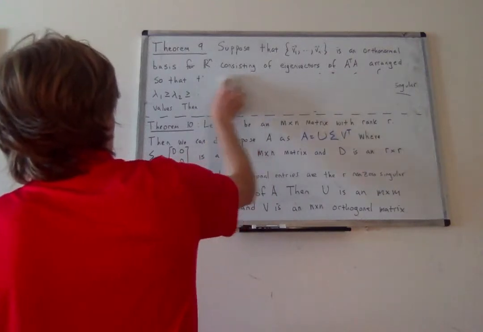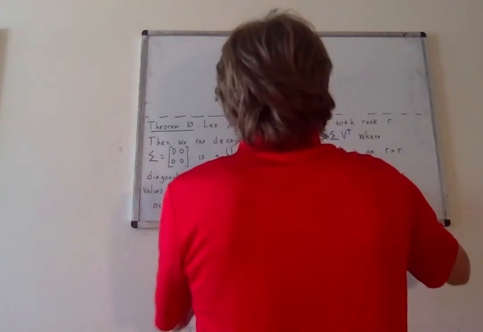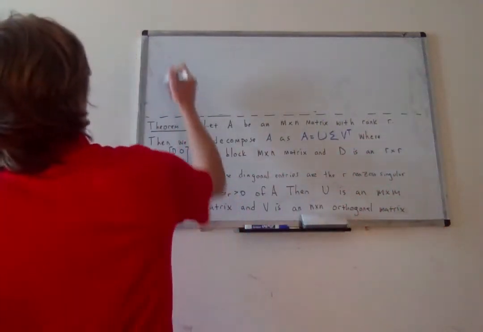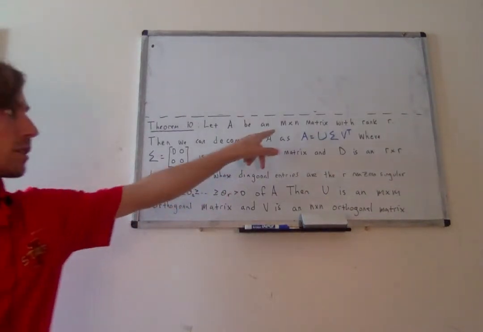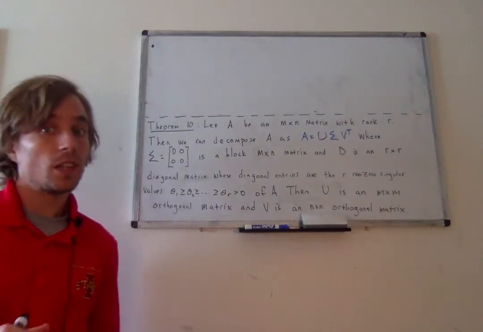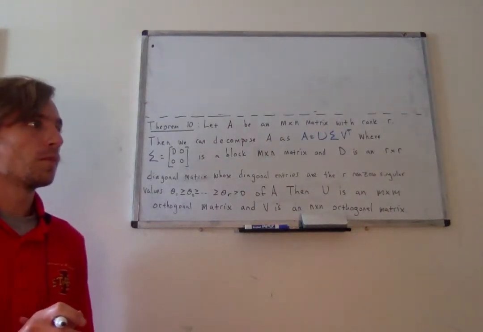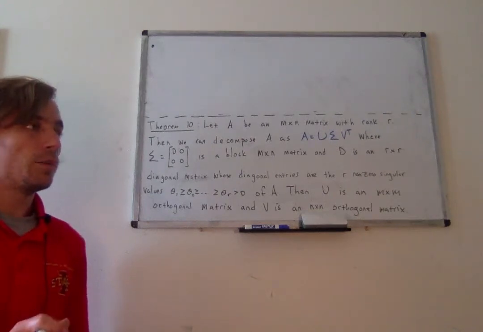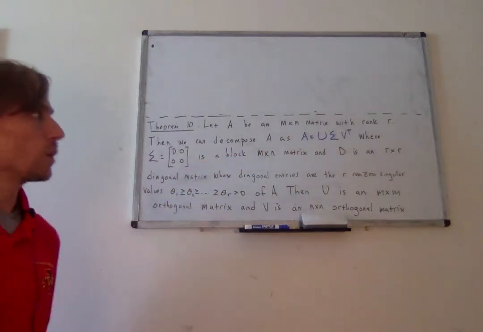Now I want to clear up some space for some definitions. So theorem 10 states that if I've got any m by n matrix A, and again, it does not need to be a square matrix, with rank r, so that means the column space of this matrix has a basis of size r, dimension r, then we can decompose A in the following way.